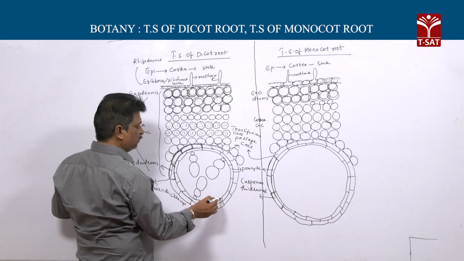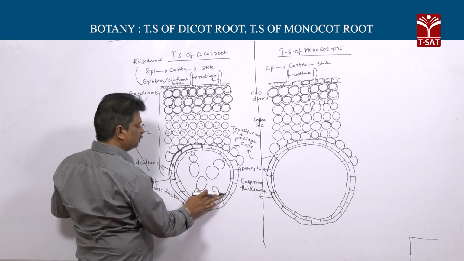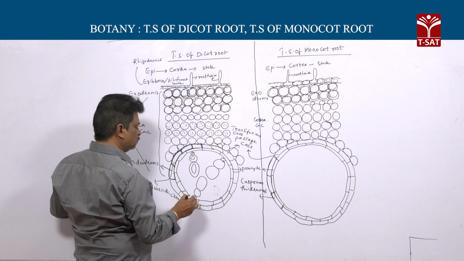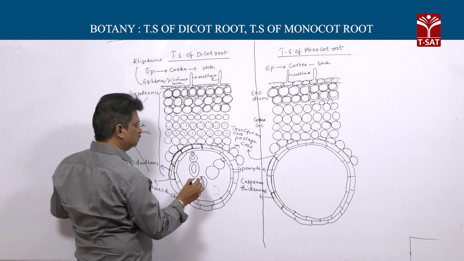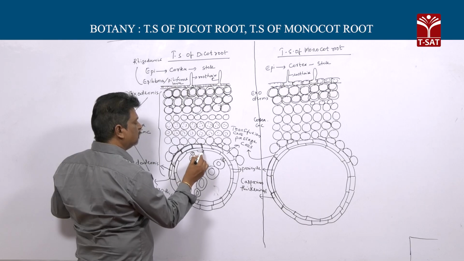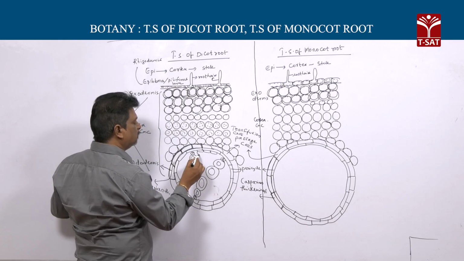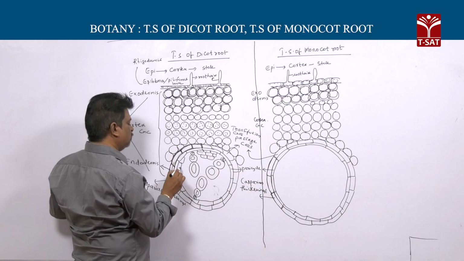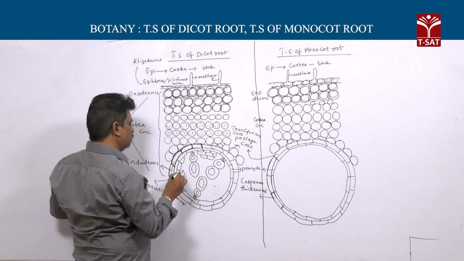This xylem and phloem are separate, alternate, and present on different radii, called radial vascular bundles.